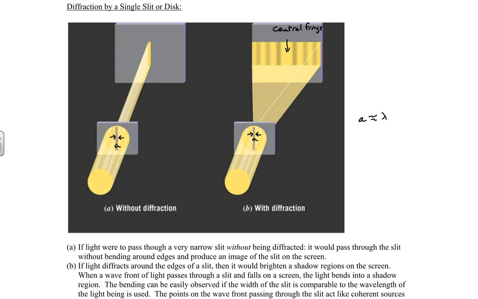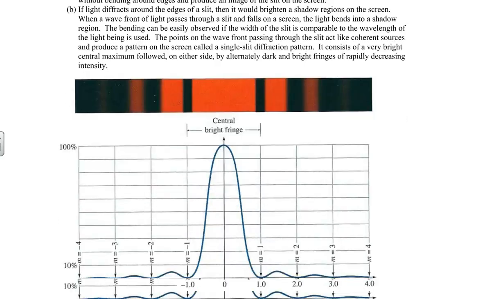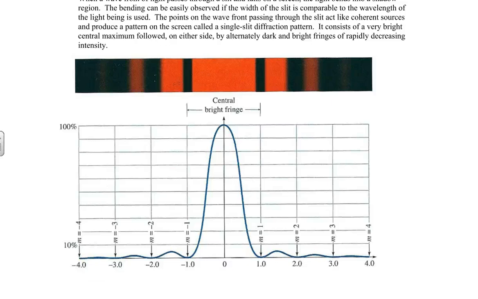So the pattern looks like this if you were to use a laser. If you're using a monochromatic coherent source, like a red laser, then you would get this bright band right in the middle, and then it would drop off here, destructive interference. You can see here m equals 1, m equals 1, and then another bright band here. And what we're really looking at is to see how wide this bright band is.